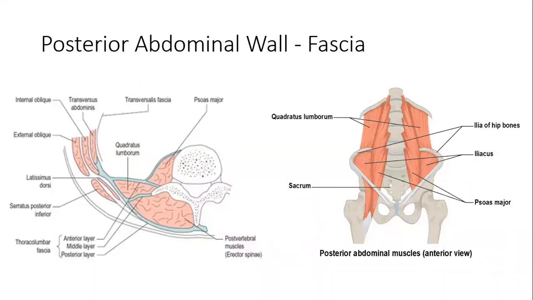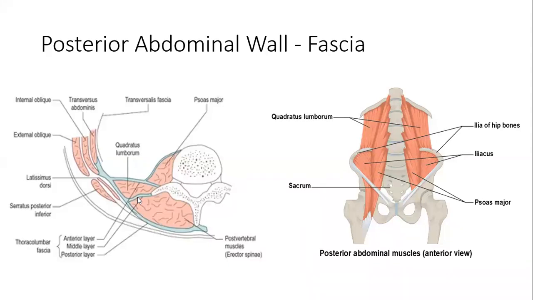This fascial sheet lies between the parietal peritoneum anteriorly and the muscles posteriorly. And this one continuous fascial sheet is named as the fascia according to the structure that it covers or overlies.